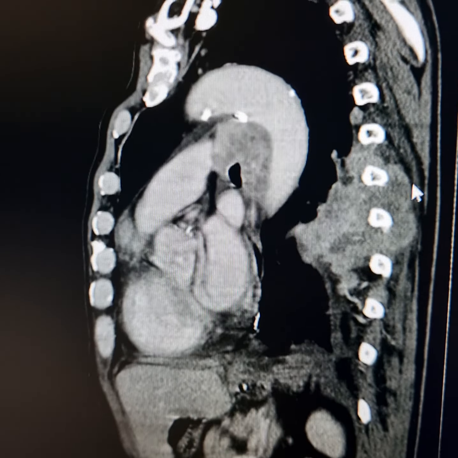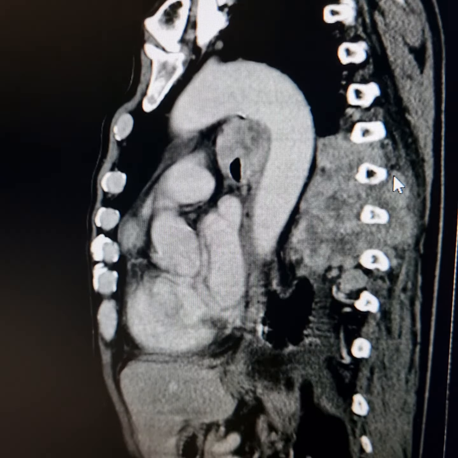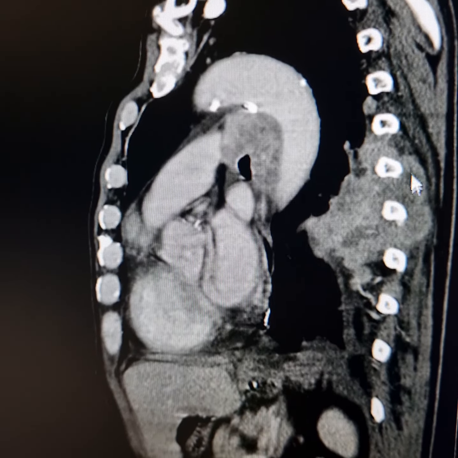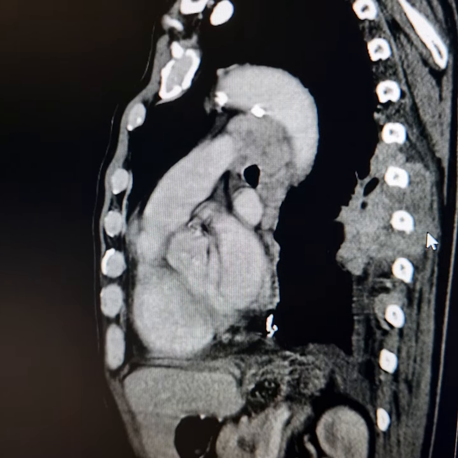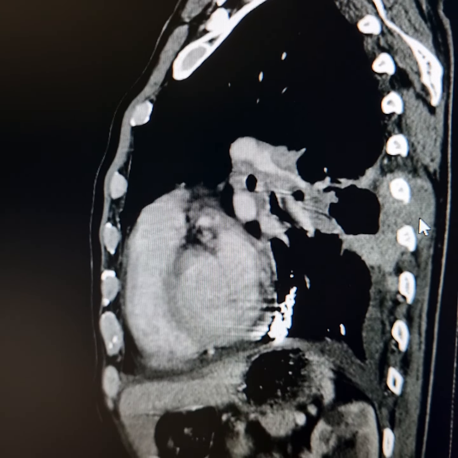It shows extrathoracic extension through the respective intercostal spaces, surrounding ribs and eroding these ribs as well.